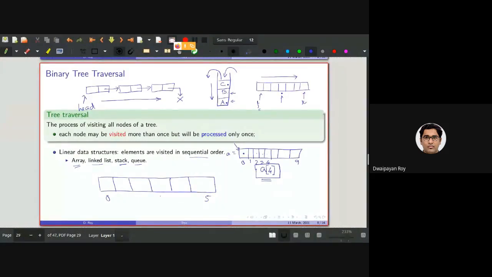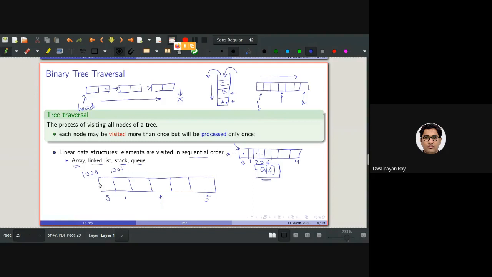If in memory the location of the first position is 1000, and the elements are integers with size 4 bytes, what will be the starting address of the second element? 1004, isn't it?